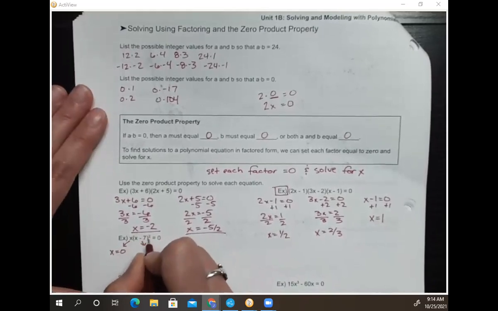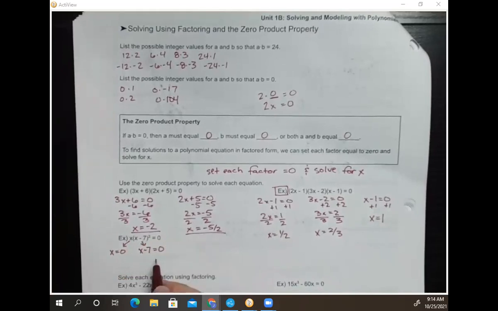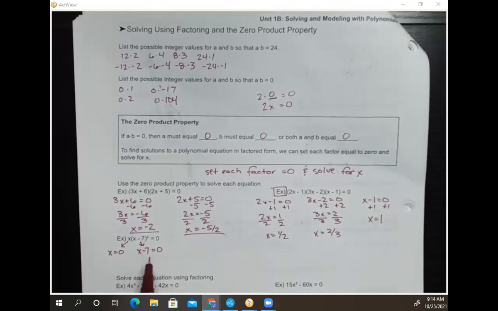Over here, I've got x minus 7 squared. So I'm setting x minus 7 equal to 0. Do I need to set another x minus 7 equal to 0? Am I going to find a new solution if I do that? No, it's going to be the same as what I get here. But one thing I want you to keep in mind is when we start talking about fundamental theorem of algebra, how many zeros should I have?